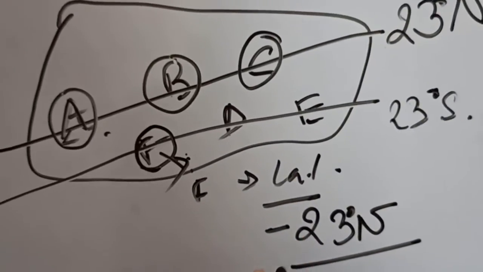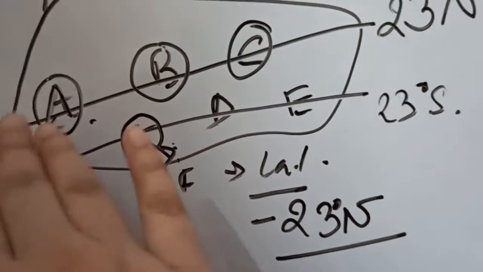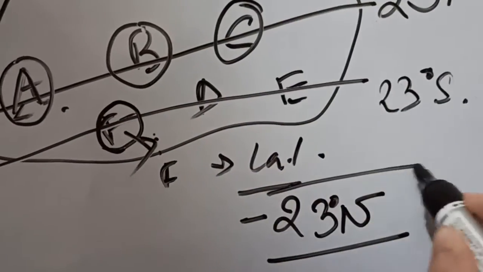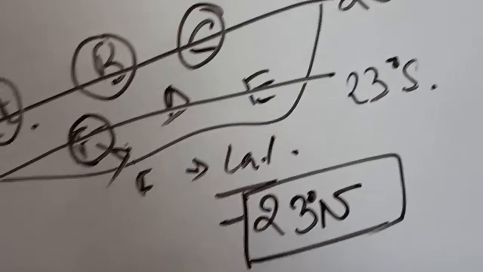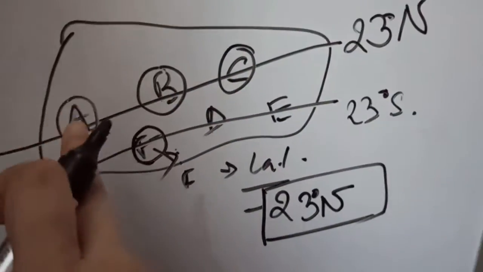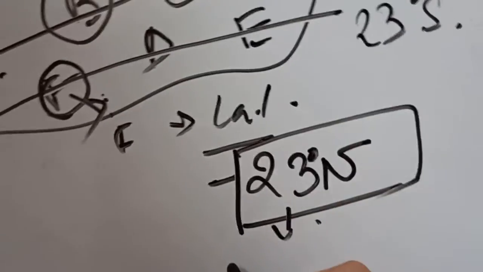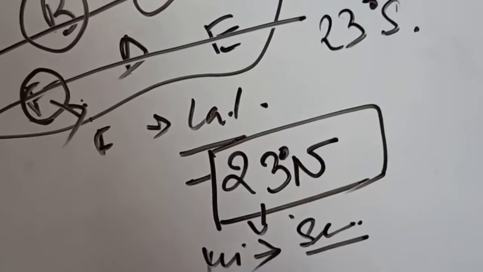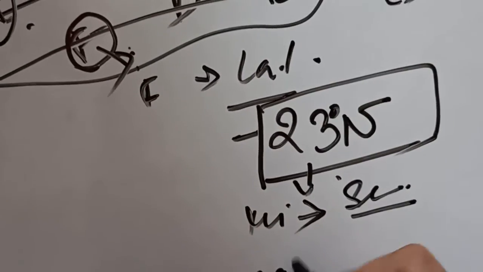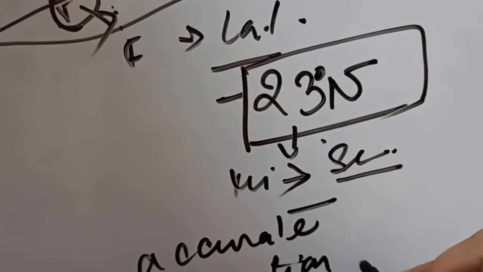But there are many places with the same value, 23 degree north, so it is impossible to find the exact location of a place. That is why the degree has been divided into minutes and the minute into seconds, so that we can get the accurate location of any place.